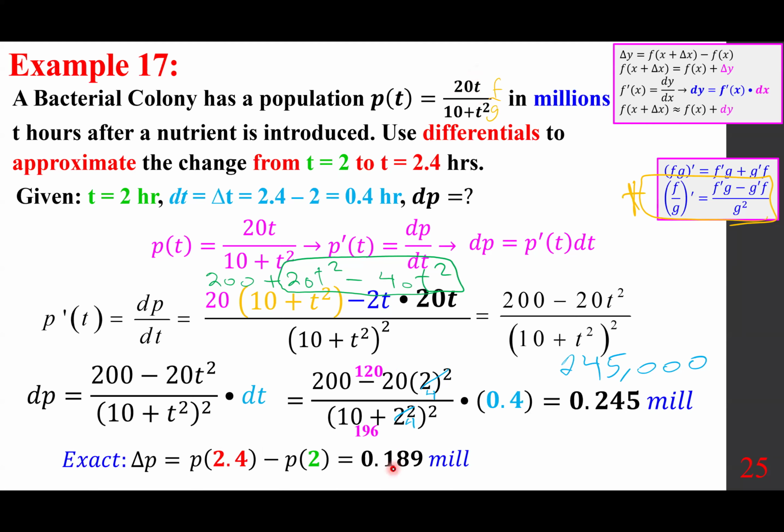It gives you 0.189, and that means 189,000 bacteria.